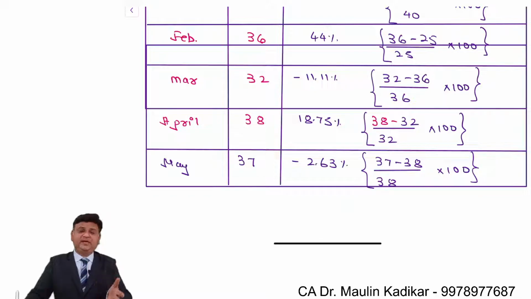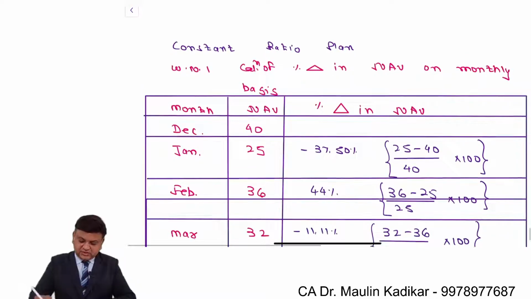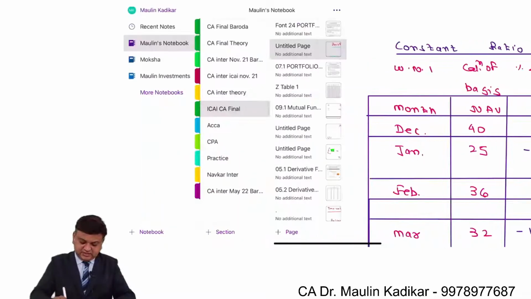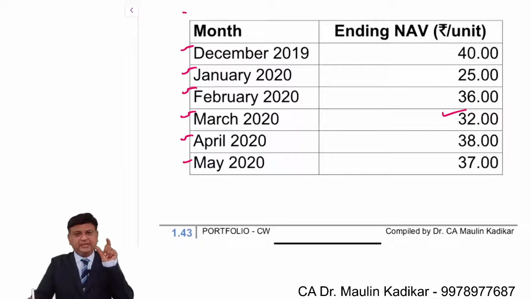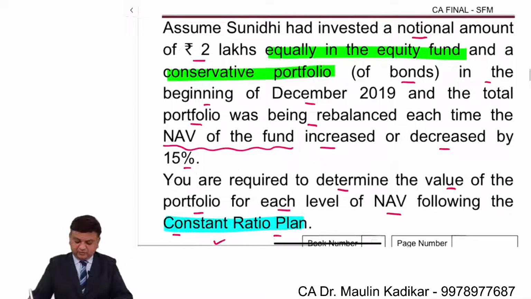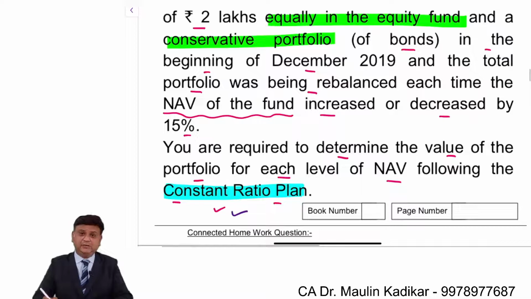Why do we make this calculation? Let us understand it. Dear students, in case of the constant ratio plan, they have provided information like this. Passive buy and hold strategy I am explaining later on. But first of all, I want to focus on the constant ratio plan.